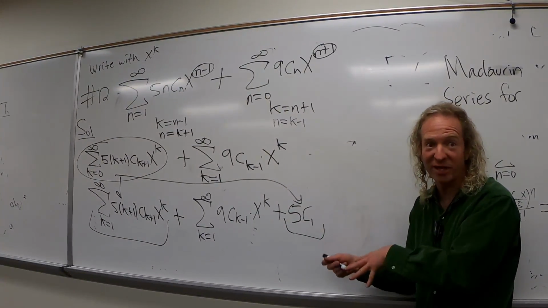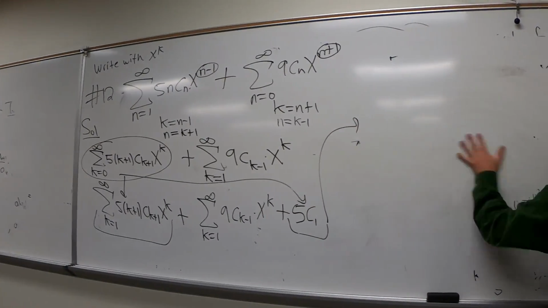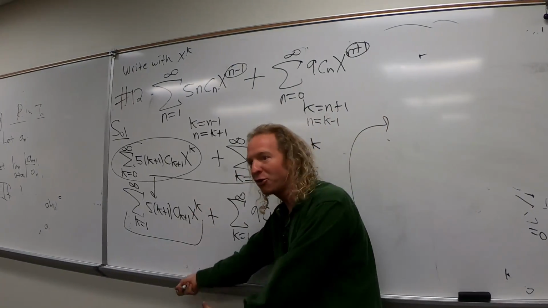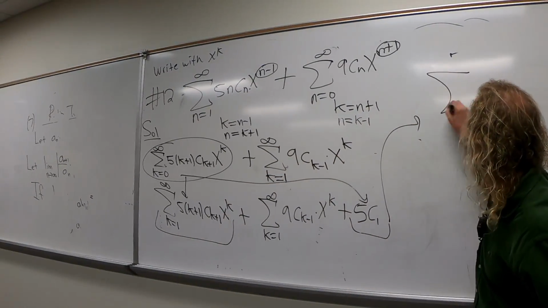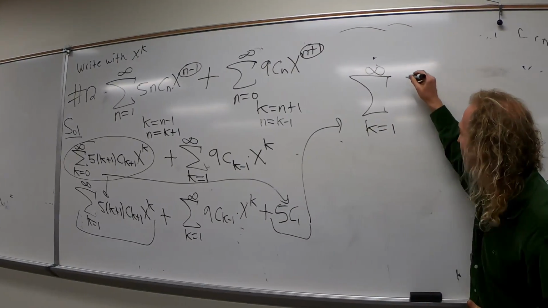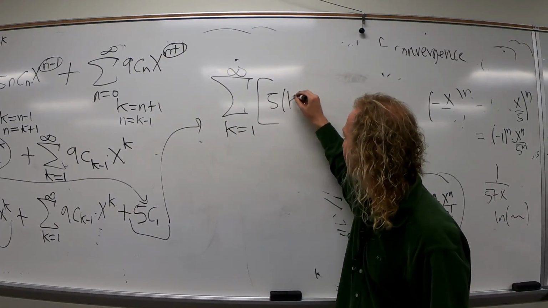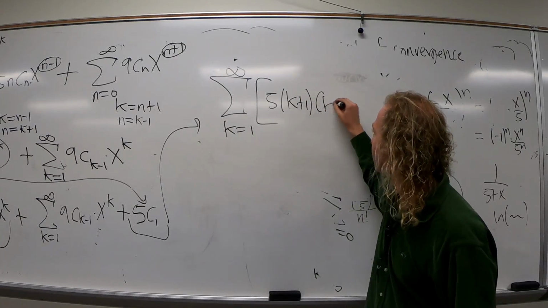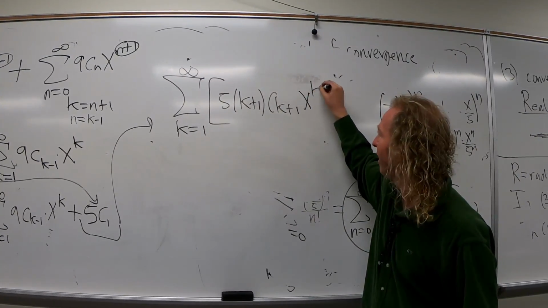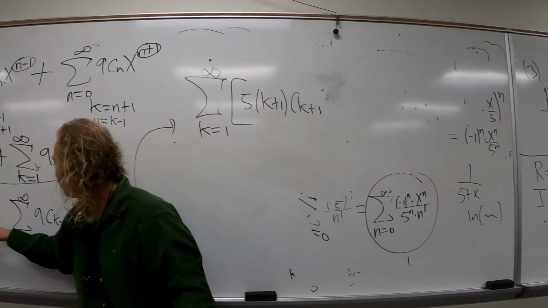It gets really crazy. Okay, we're done, right? You just got to write the answer down now. So the final answer, now we can finally combine these, right? They both have x to the k. They both start at 1. So we have the infinite sum, k equals 1 to infinity. We're just adding them up. Just rewriting it. So let's see, 5k plus 1, c sub k plus 1, x to the k. I'm going to factor out the x to the k from both of these, see?